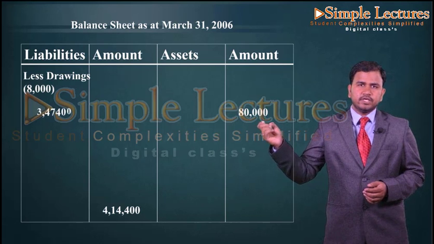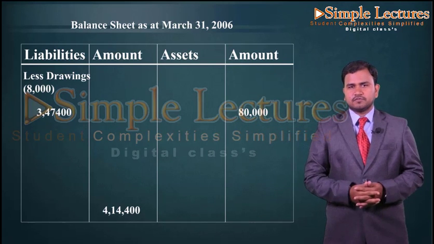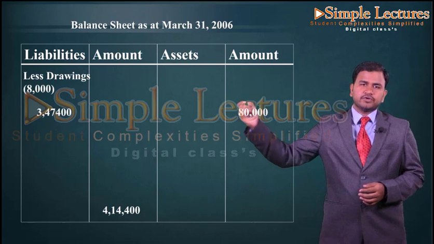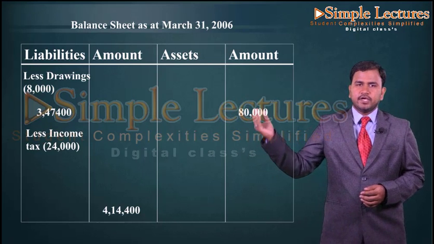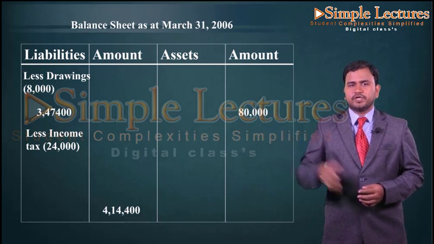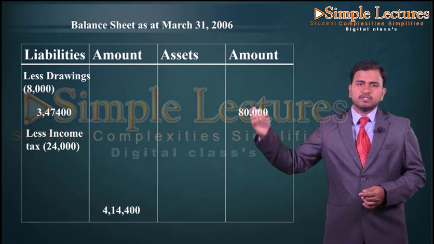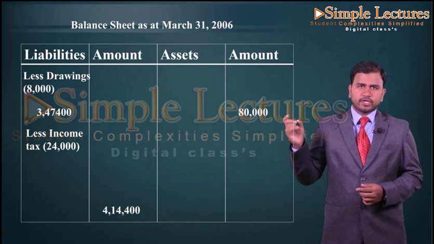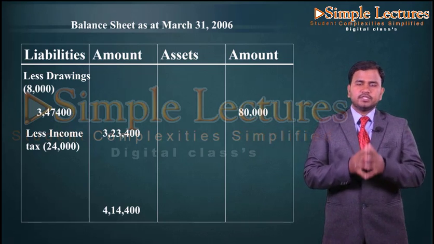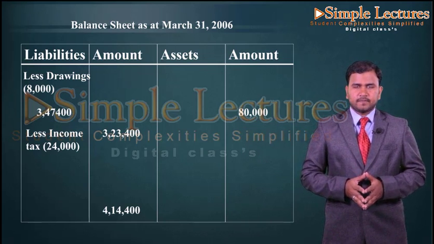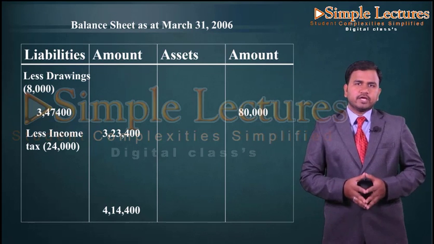Then the balance will be 3,47,400. In that balance we are going to deduct the income tax, then again in the inner column itself less income tax, which is 24,000. And the balance of capital will be recorded in the outer column, which is 3,23,400. So now we are done with the liabilities side.